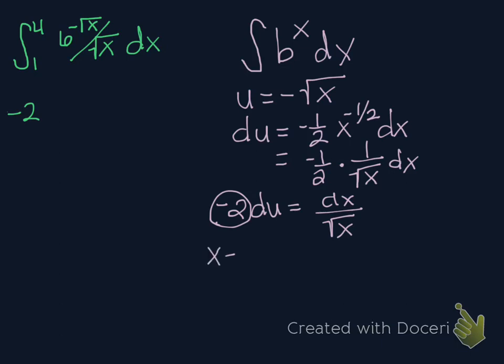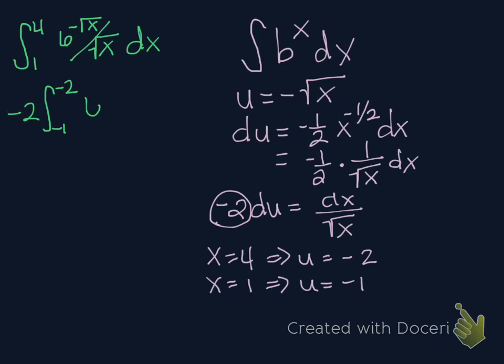If x is equal to 4, then u is equal to the negative square root of 4, so negative 2. And if x is equal to 1, then u is equal to the negative square root of 1, so negative 1. So now our integral goes from negative 1 to negative 2, decreasing limits of integration.